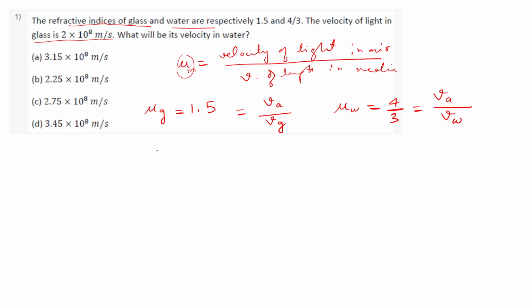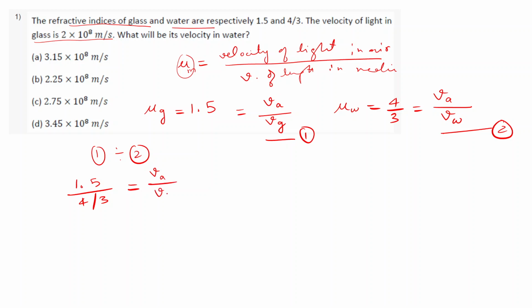From these two equations, if I take the ratio of them, like I divide 1 by 2, then I get 1.5 divided by 4 by 3 is equal to VA by VG divided by VA by VW, which will be VA by VG multiplied by VW by VA.